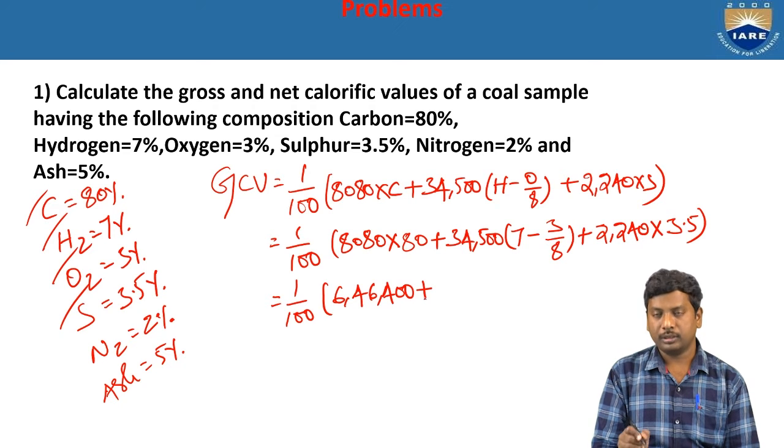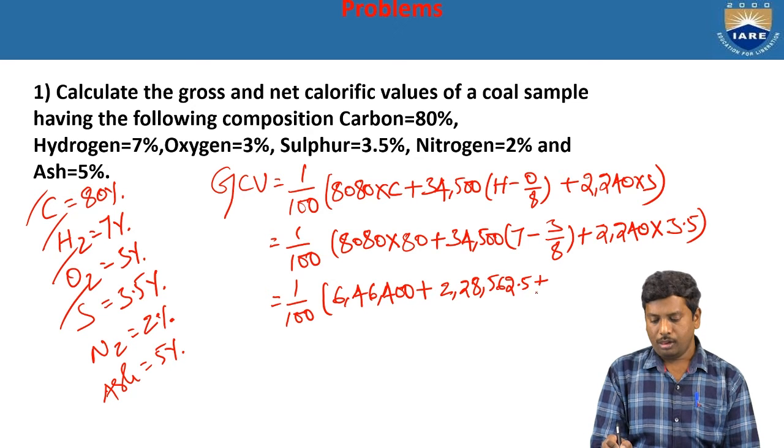6,46,400 plus 34,500 into 7 minus 3 by 8, we get 2,28,562.5, plus 2,240 into 3.5, we get 7,840.